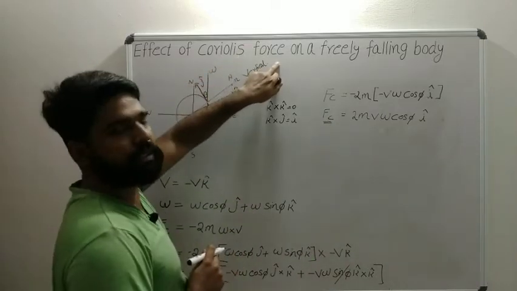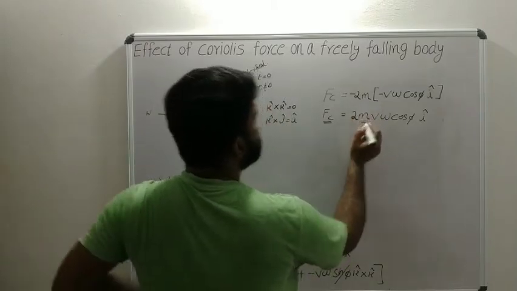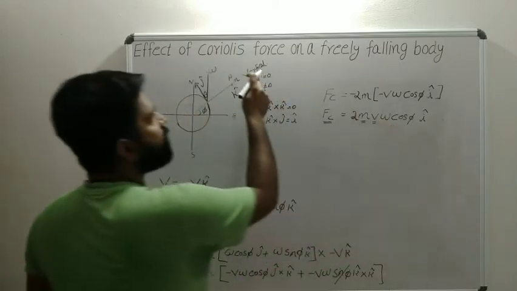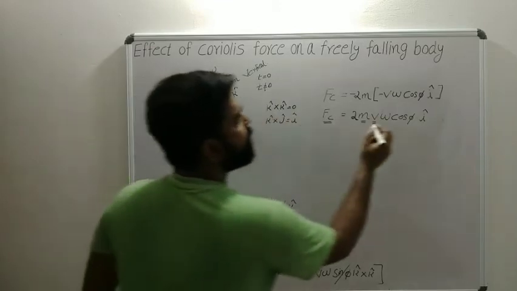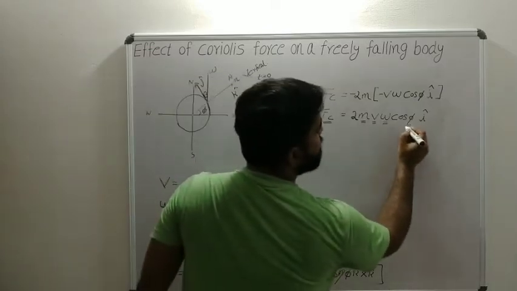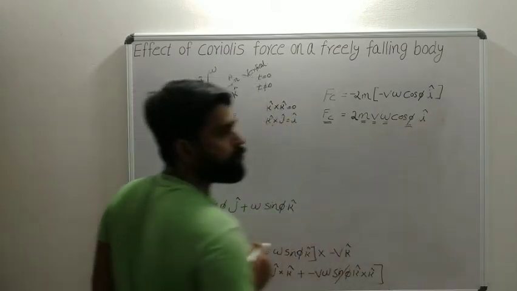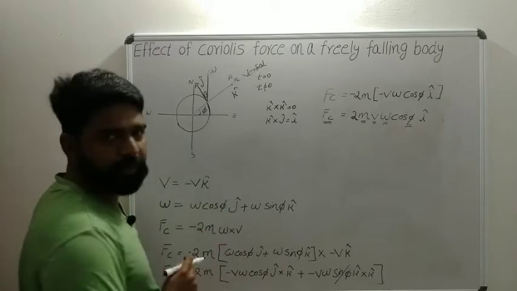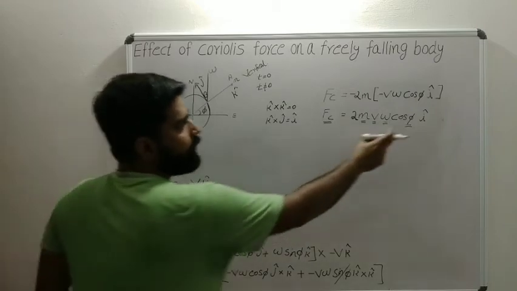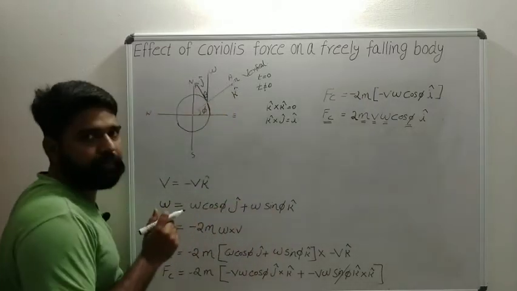Fc is the Coriolis force, and m is the mass of the freely falling object, V is the velocity of the freely falling object, omega is the angular velocity of the earth, and phi is this angle. And what does i cap represent here? i cap represents the direction of the Coriolis force acting on the freely falling body.